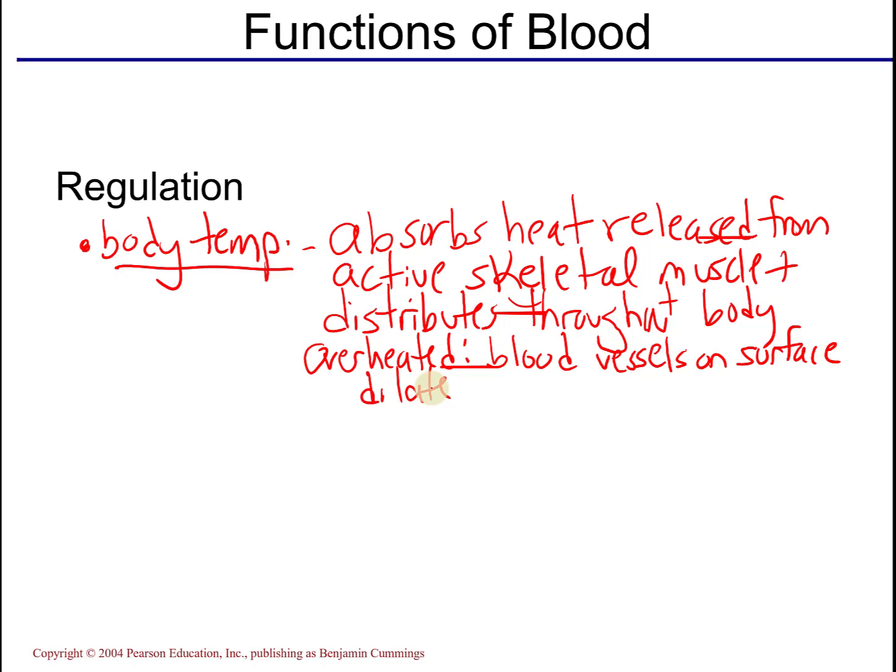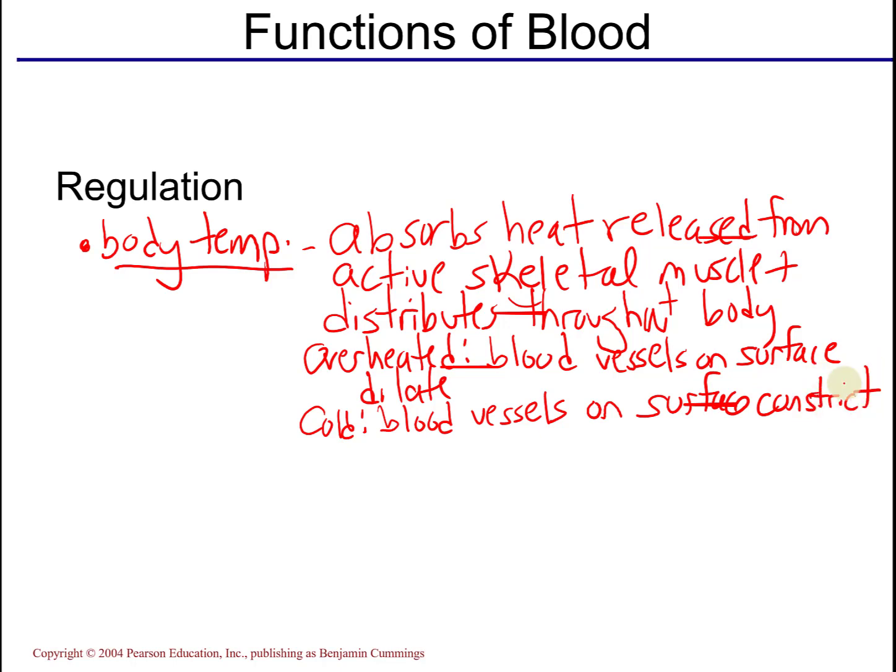So this is a way of cooling off your body. When you are cold, the blood vessels on the surface of the body constrict. And by doing this, they keep the blood away from the surface, which is cold, and in the core, which is warm. So this is one way that blood regulates your body temperature.